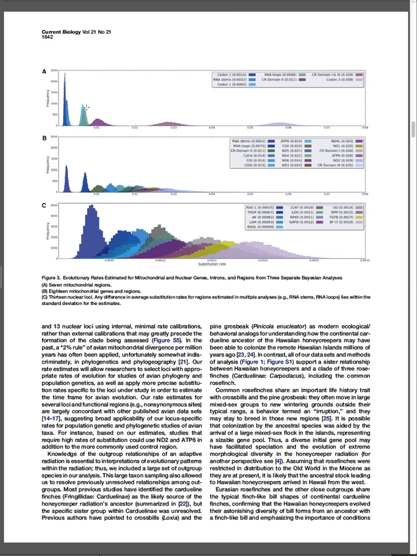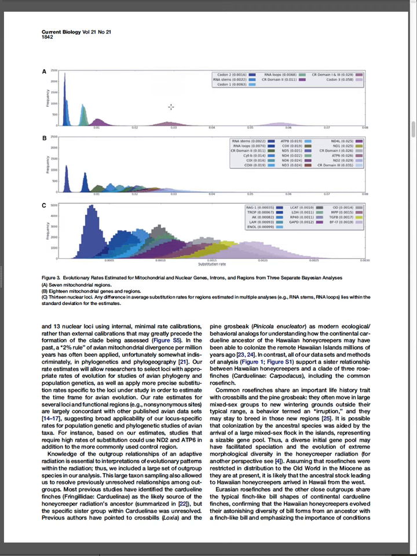So there are 3 different data sets, A, B, and C, and each of these colored peaks corresponds to a different sequence. So here we have nuclear regions, here we have different genes in the mitochondria, and here we have different types of sites in the mitochondria.